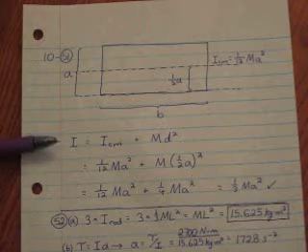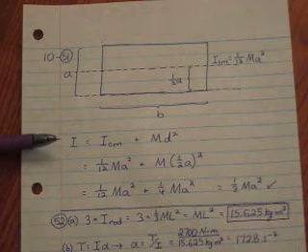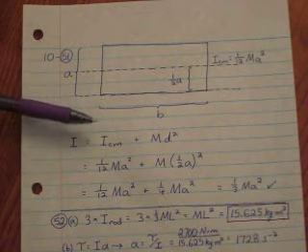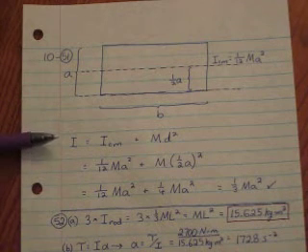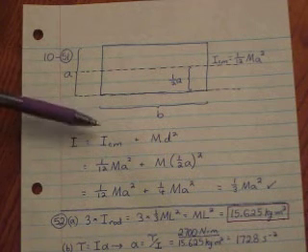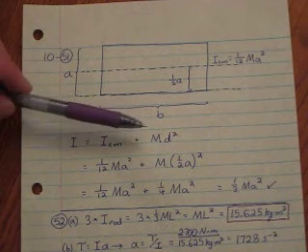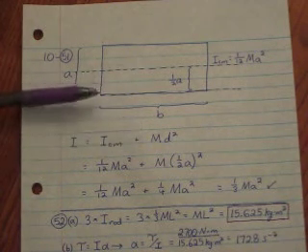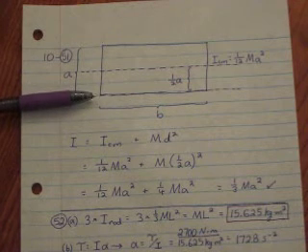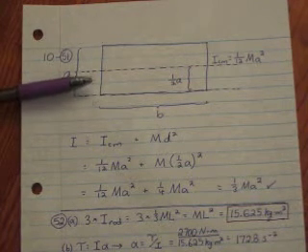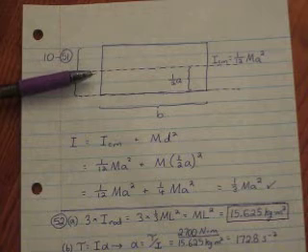Parallel axis theorem says moment of inertia is moment of inertia through the center of mass, which we look up in the table, plus mass times the distance squared, and the distance is between the axis that we're looking at and the center of mass.